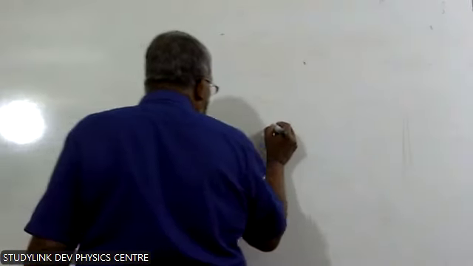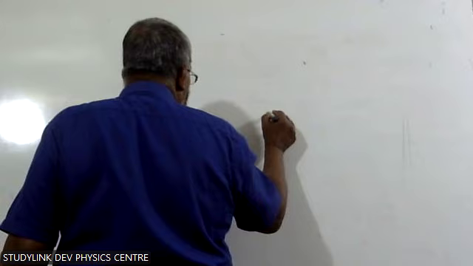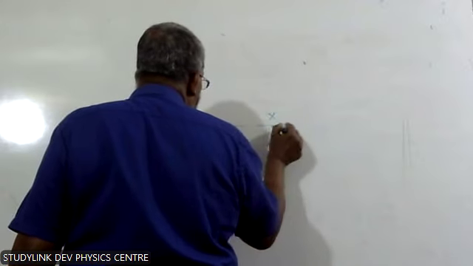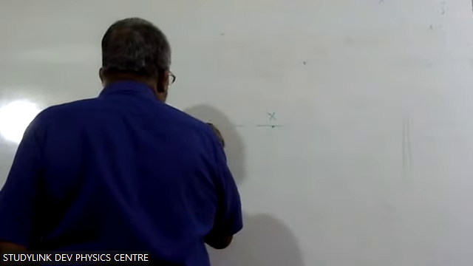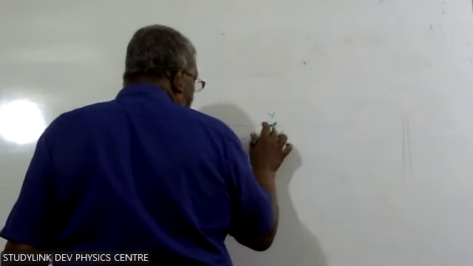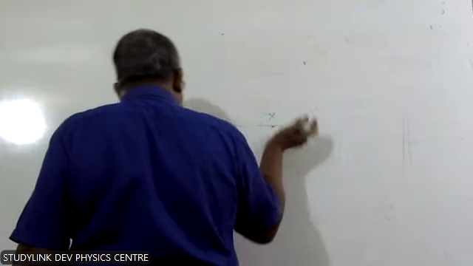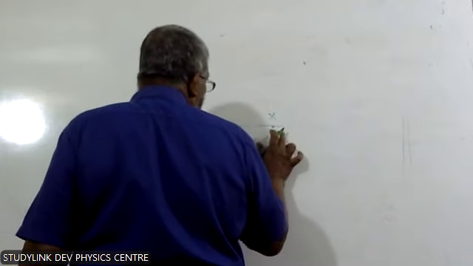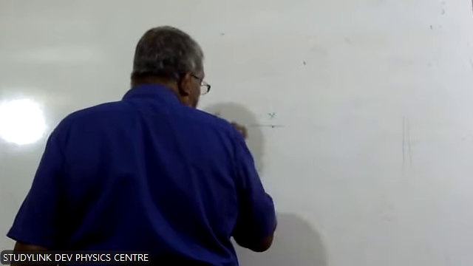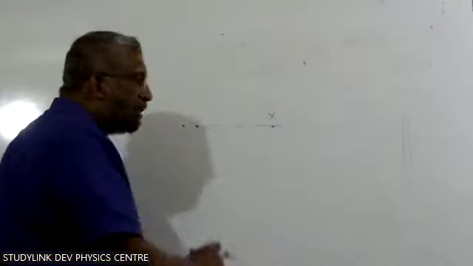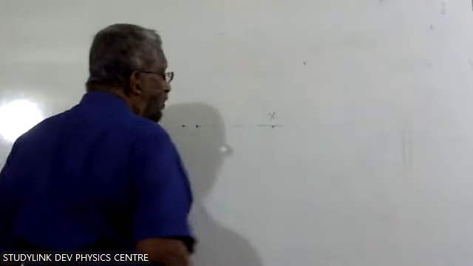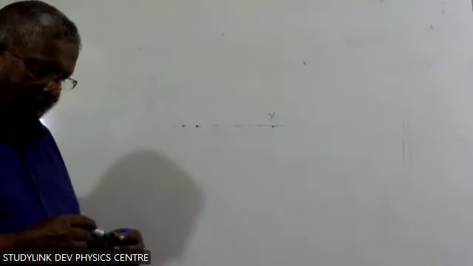Even at one point, there are many particles passing through this point. Even if a single one has a different velocity, then it is called turbulent flow.